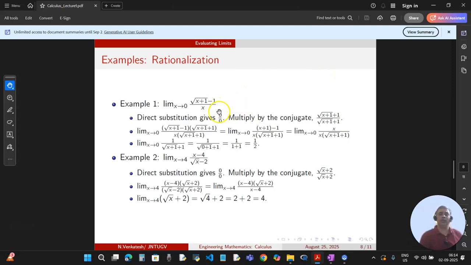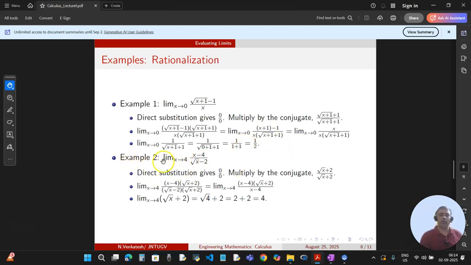So multiply both denominator and numerator by square root of x plus 1 plus 1. If you do that, it will be of the form a square minus b square. So x plus 1 minus 1, so you will get x by x into (square root of x plus 1 plus 1). So now it is not in indeterminate form. You can substitute x as 0.